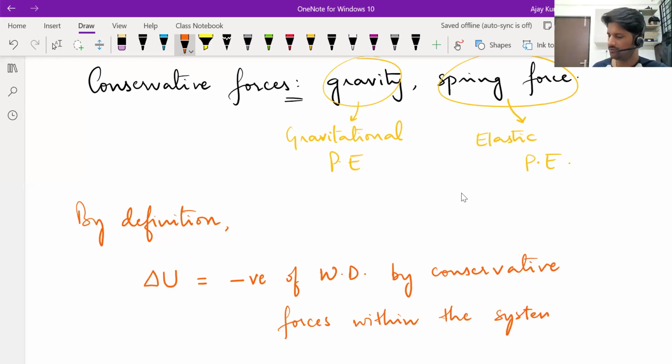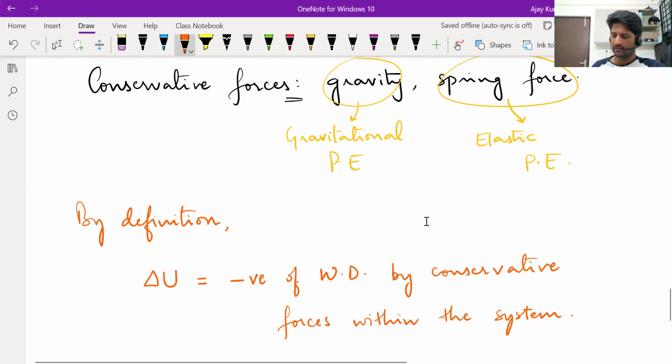So when conservative forces do work in a system, they can give or take potential energy to or away from the system. So remember, potential energy is related to work done by conservative forces and only conservative forces. It's a quantity we associate with conservative forces.